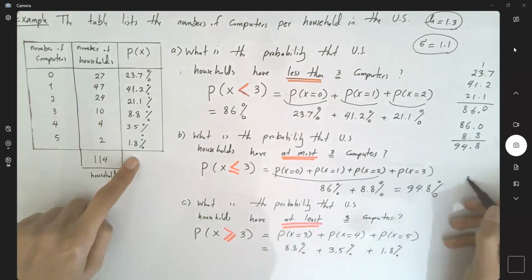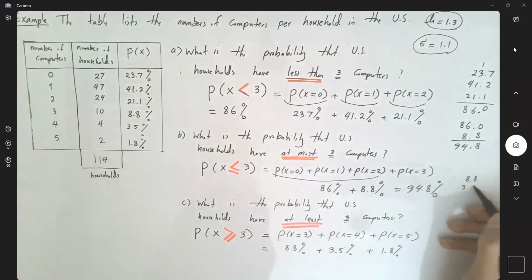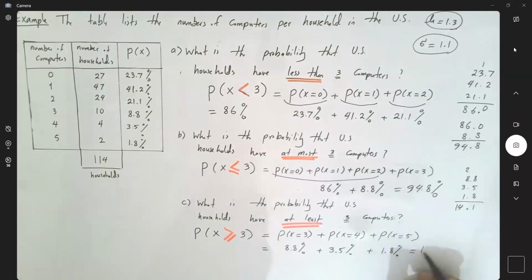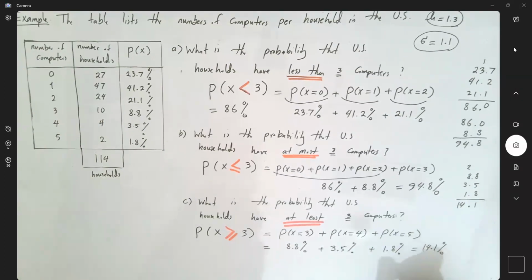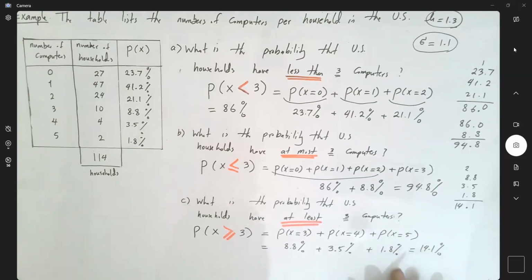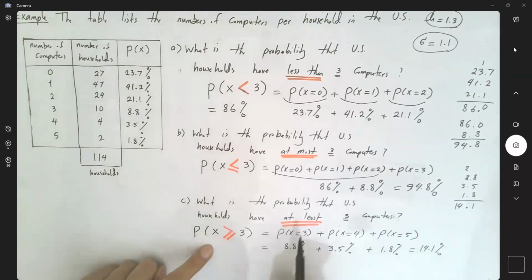So we need to add these together, 8.8, 3.5, 1.8, and you have 14.1%. So the probability that you randomly select a household and that household has more than or equal to, which we shorten to at least 3 computers, is 14.1%.